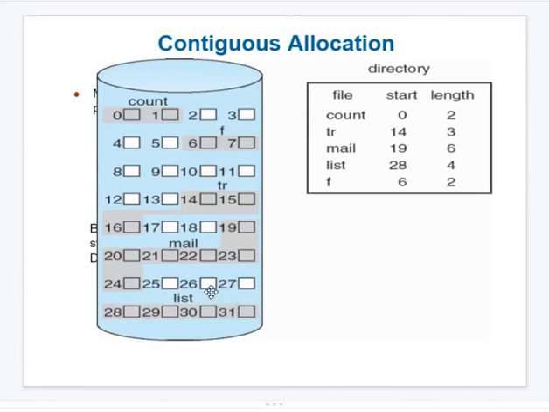For example, for the G file, I have fixed 26 as the starting address and 2 as the length. So 26 and 27 are given for G. If I want to open the G file, it will search like this: second row, third row, fourth row, fifth, like that. Once it reaches 26, then it will go. Since it is linear and contiguous, you need to search from the beginning every time. So it will take time, it will be slower.